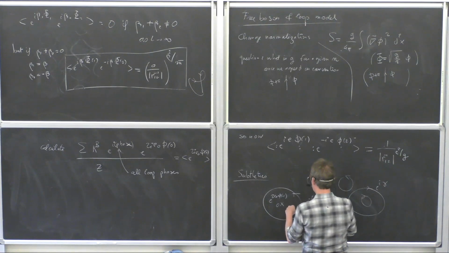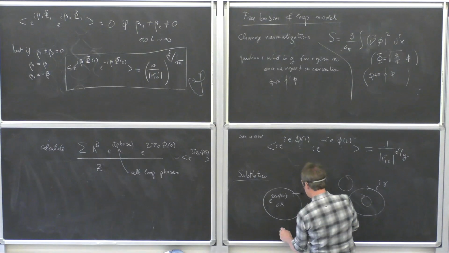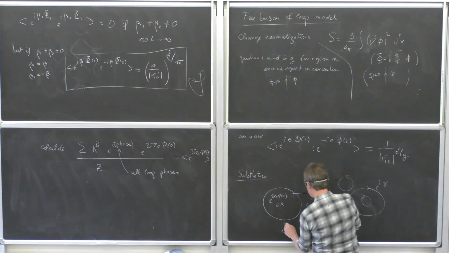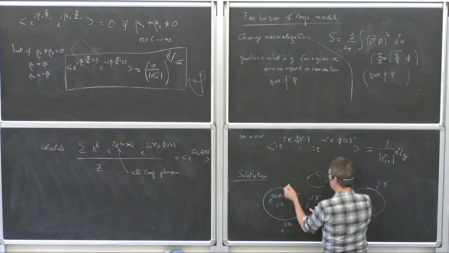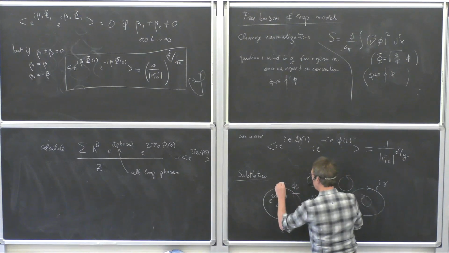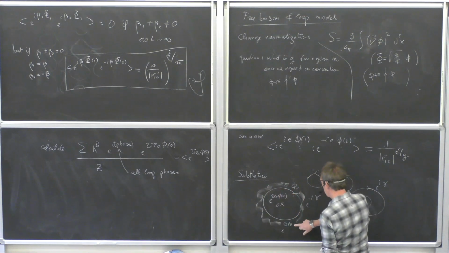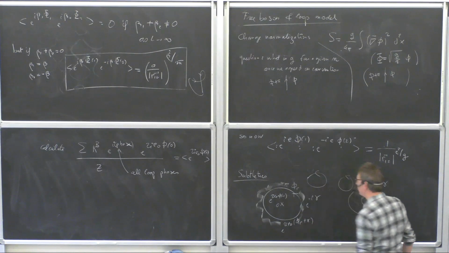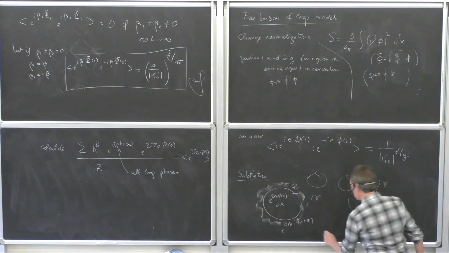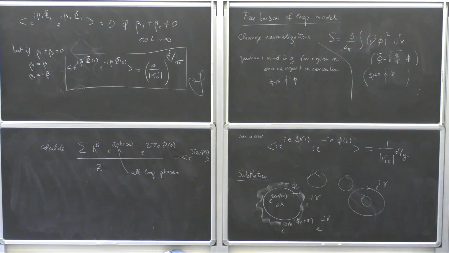So I get e to the i e_0. If the height on the right is just some number, let's call it phi, in the domain around, I get e to the i e_0 (phi plus pi), e to the minus i gamma.